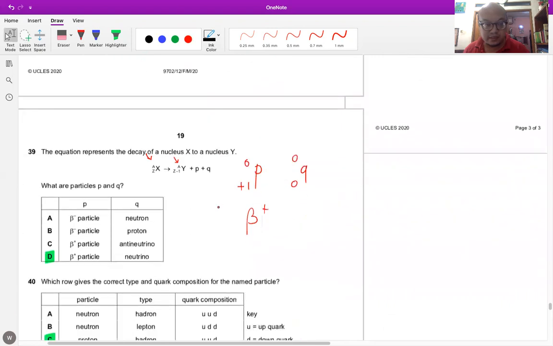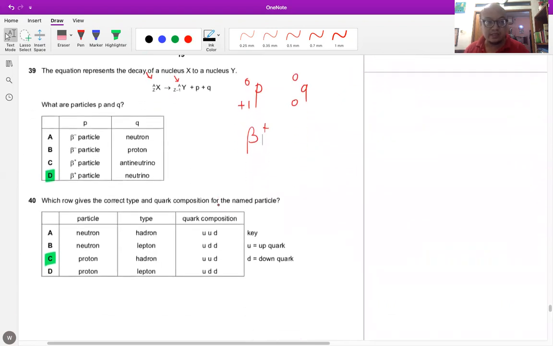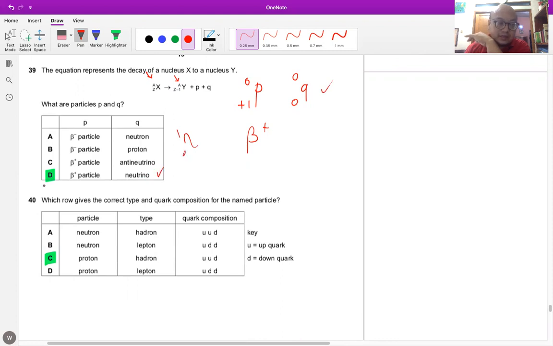D, yes, the answer is D. Is it like a gamma ray, because they don't have any mass number or atomic number, 0 and 0? Because neutron, oh, this is neutrino. Yes, correct, neutrino, not neutron. Neutron is 1 0. Sorry. Okay, D.